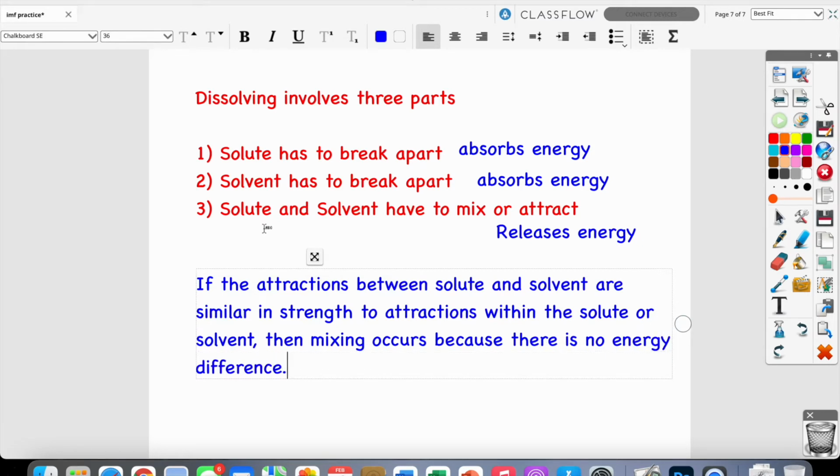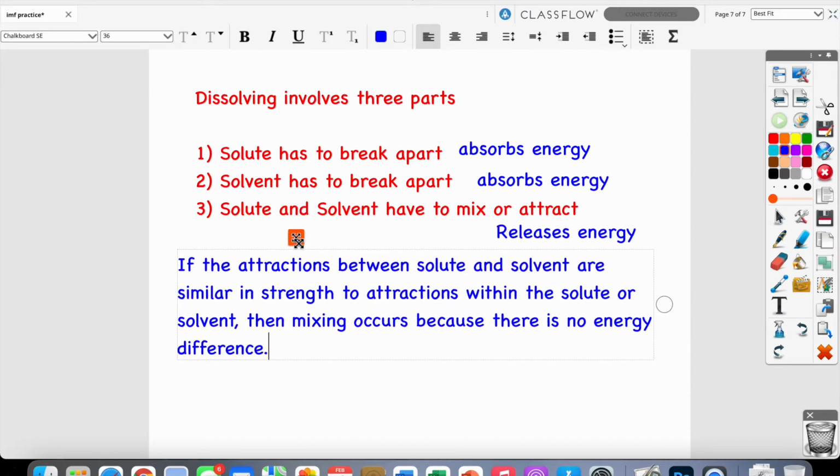As far as the solute and solvent are concerned, if the attractions are the same, then it's releasing about the same amount of energy as it's gaining, and it just sort of randomizes, right?